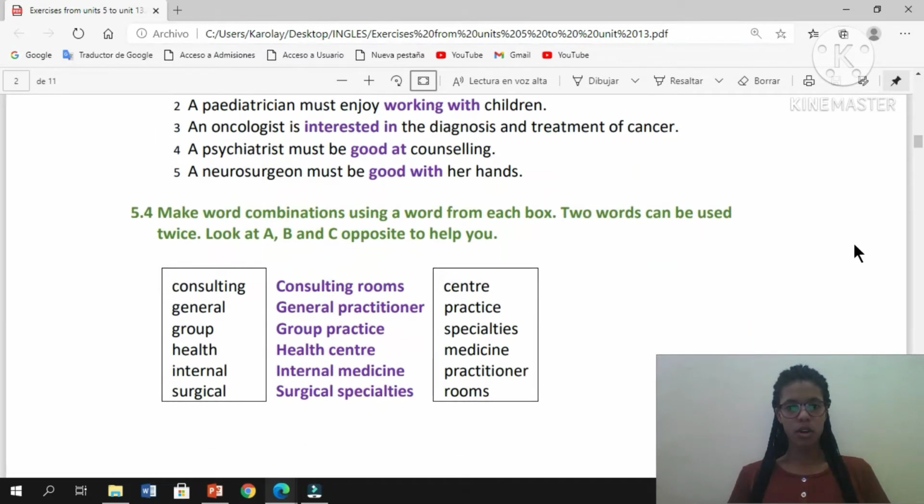Make word combinations using a word from each box. Look at A, B, and C opposite to help you. Consulting room, general practitioner, group practice, health center, internal medicine, surgical specialist.